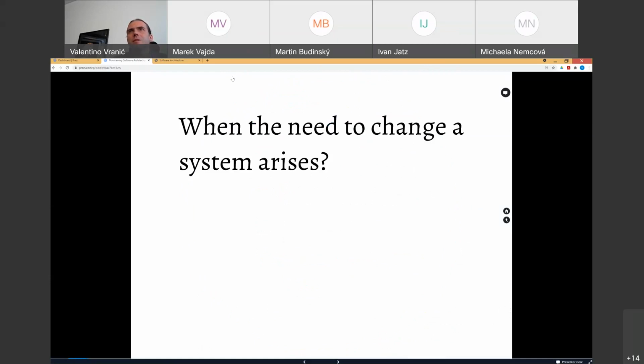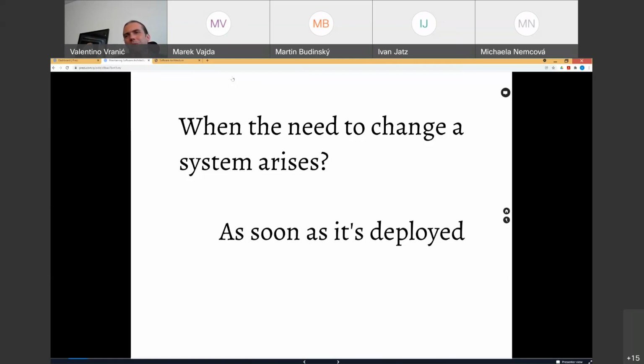So the first thing is to think just for a moment about when the need to change a system actually arises. It's a kind of trick question. If you looked at the slides in advance, I have a ready answer, and it's as soon as it's deployed.